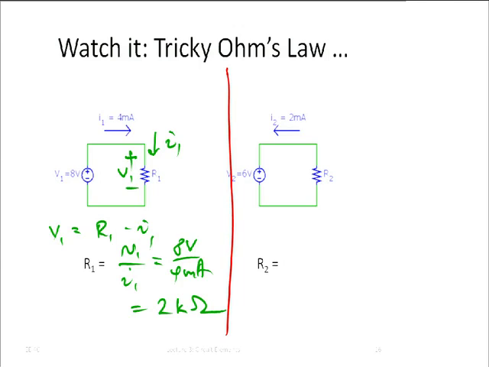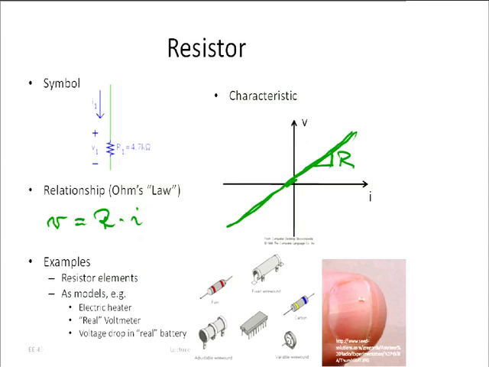Okay? So, the voltage across here is V2, right? The current here is I2, but Ohm's law is defined for the voltage and the current both going the same direction. That's how Ohm's law is defined.